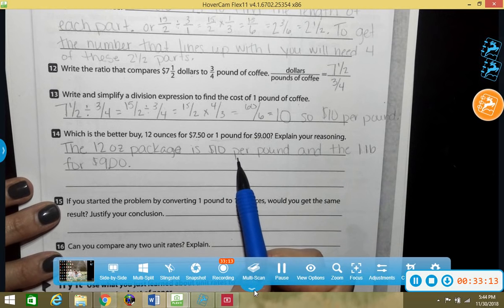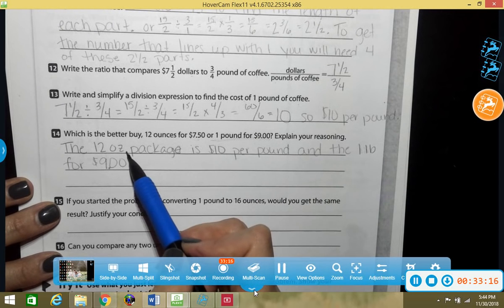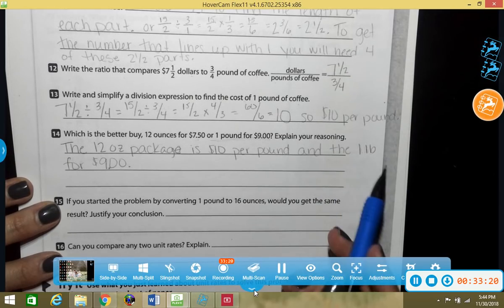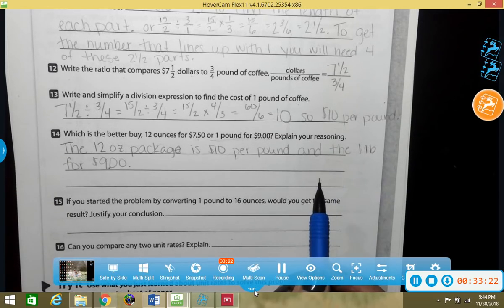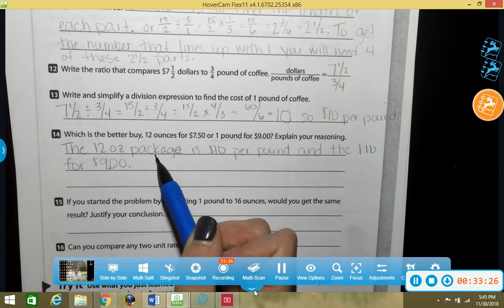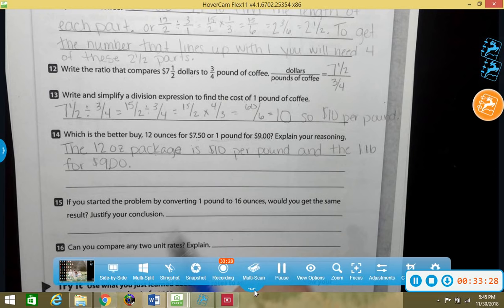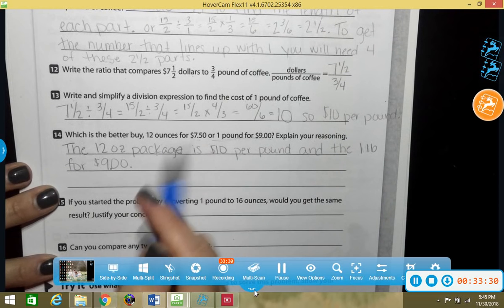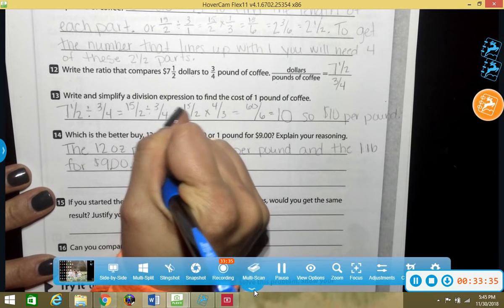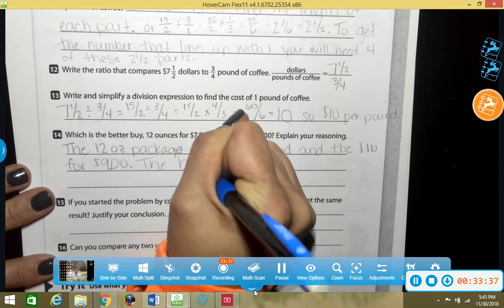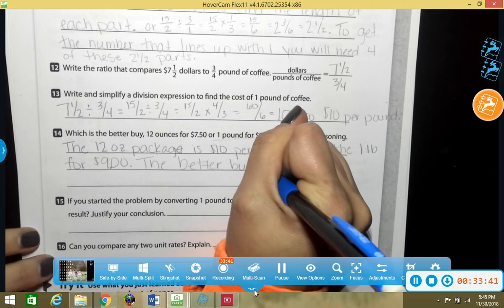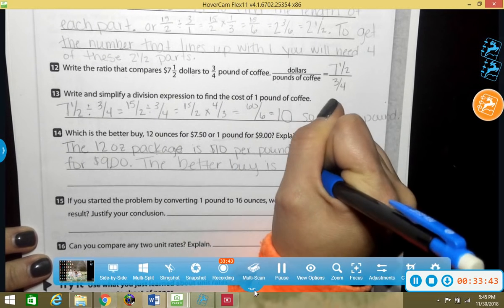Would you rather spend $10 for a pound or $9 for a pound? And remember, it's comparing the pounds. Even though this package is less than a pound, if it were a pound, which one would be the better buy? Well, it would be the $9. So the better buy, and you'll hear that a lot when you're talking about unit rate, is the $9 package.